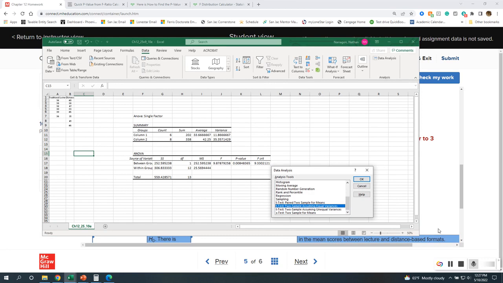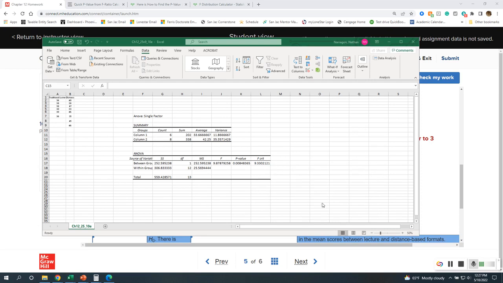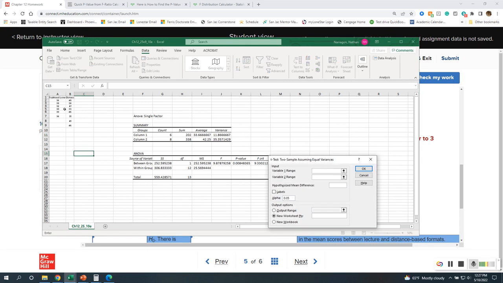So, we're going to do a t-test assuming that they're equal variances. Click OK. There they are. Variable range 1. Variable range 2.